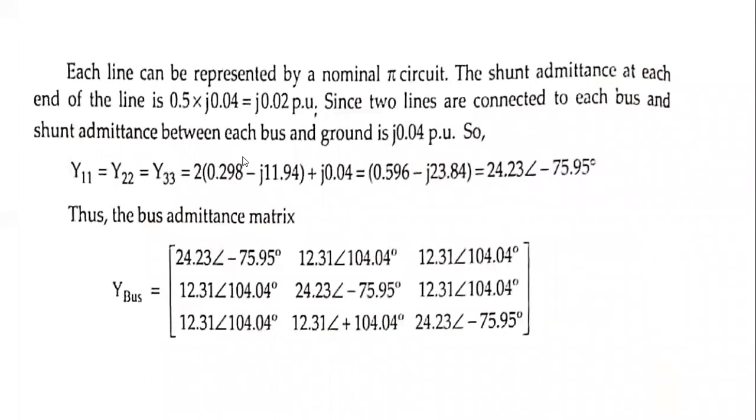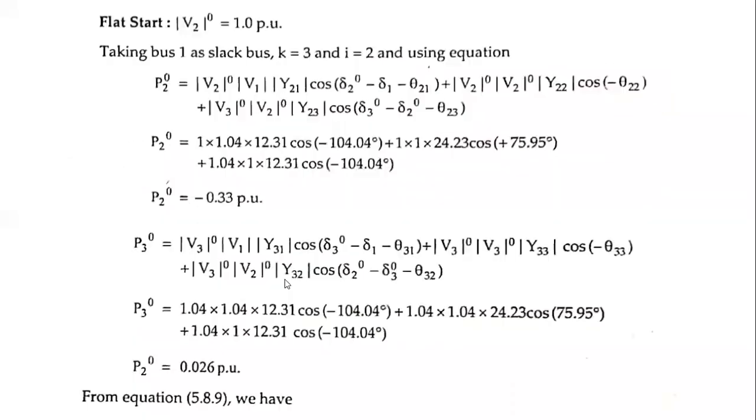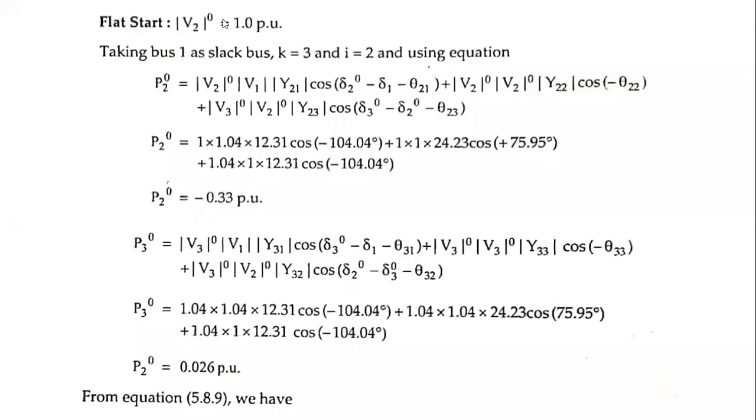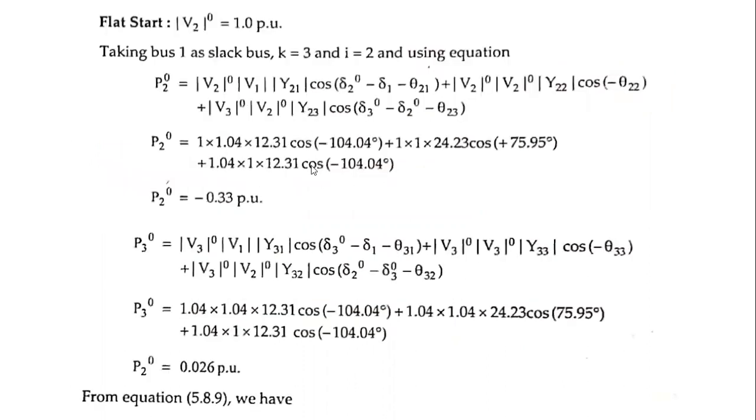Plus V3 of 0. What is V3? V3 is equal to 1.04, into V2 of 0, which equals 1, into Y23, which is 12.31, cos of delta 3.